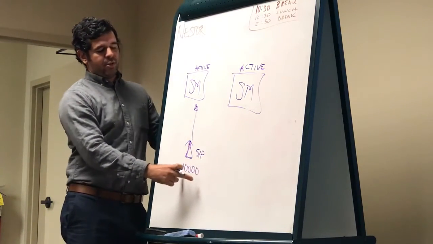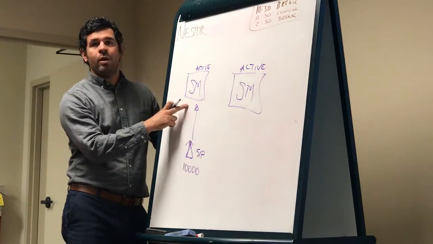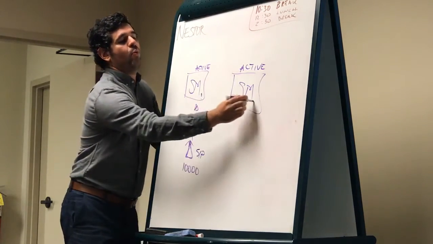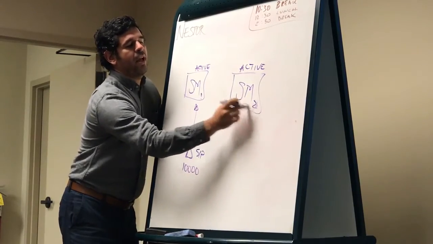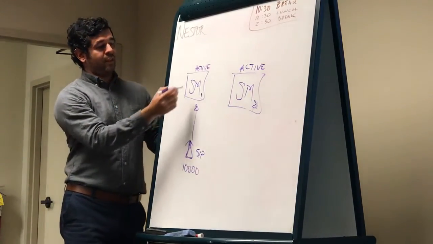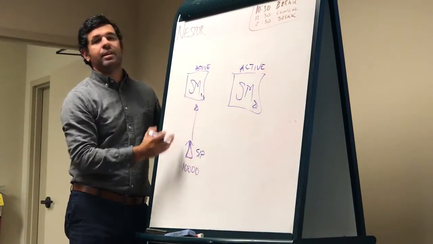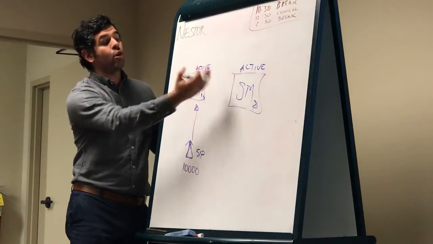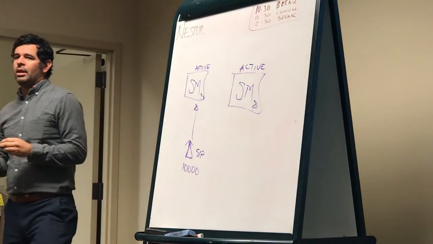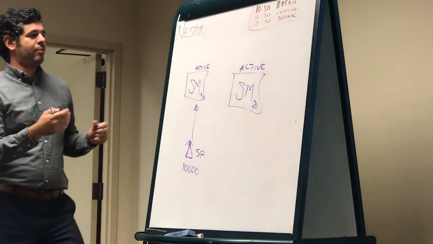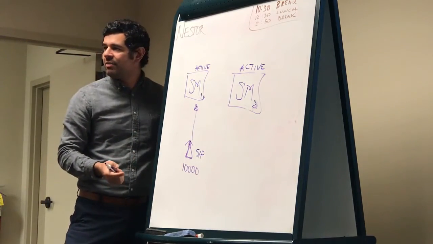You could still register the 10,000 users to, let's say, Session Manager 1. This is Session Manager 2. And that's okay. If Session Manager 1 goes down, they'll all go to Session Manager 2. However, you're not taking advantage of the fact that the two of them are active.